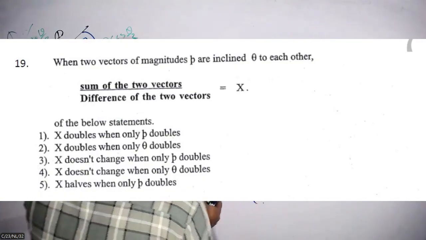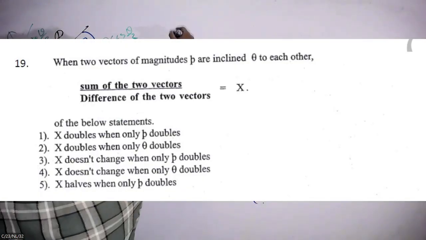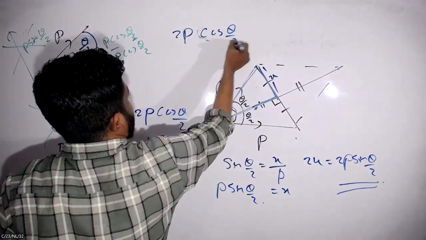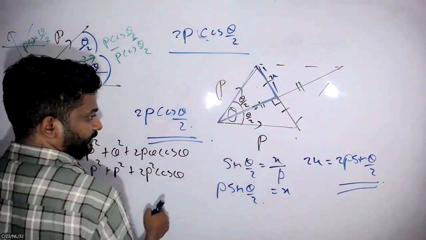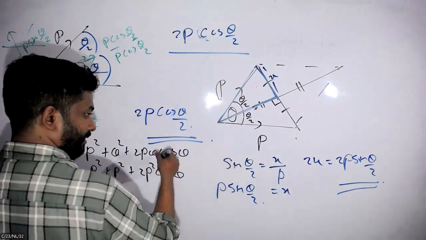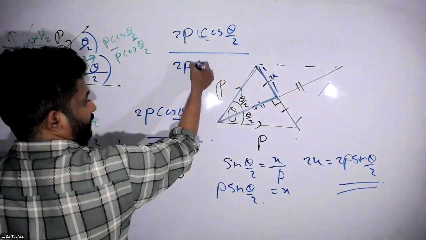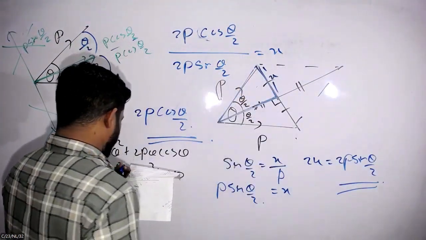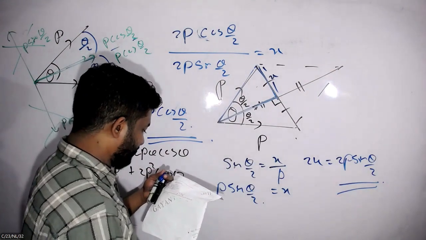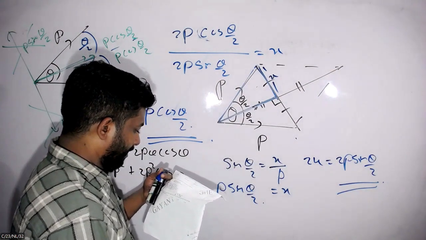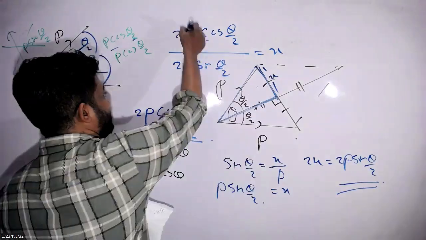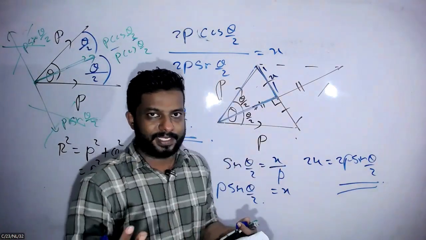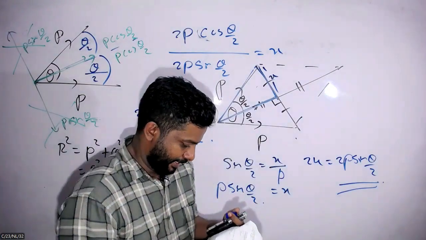Sum of the two vectors is 2p cos theta over 2 divided by the difference of the two vectors 2p sine theta over 2 is equal to x. Then for the below statement, x doubles when p is doubled, p to p cancel out, no, children. So if p increases on top, p doubles below as well. So p to p cancels. The statement is a wrong statement.